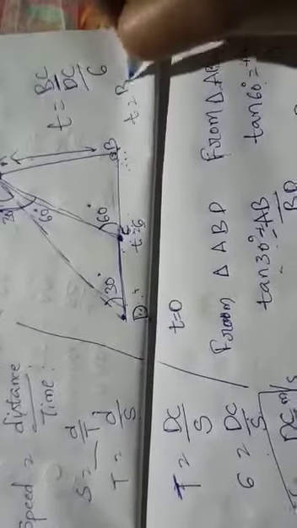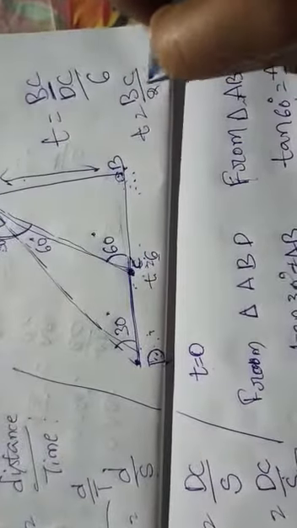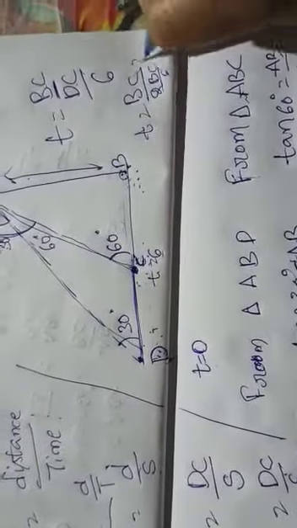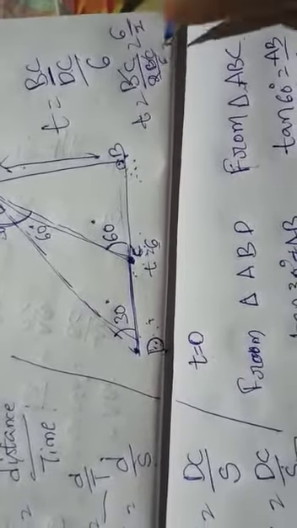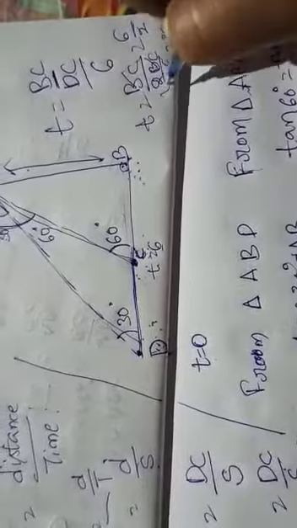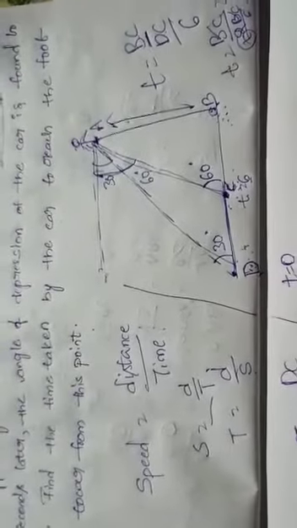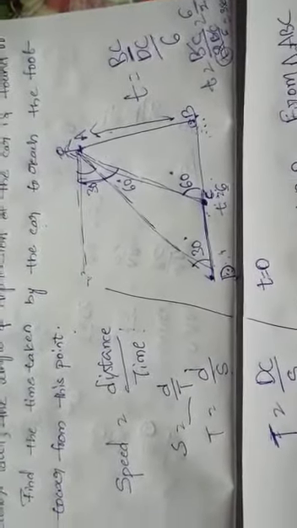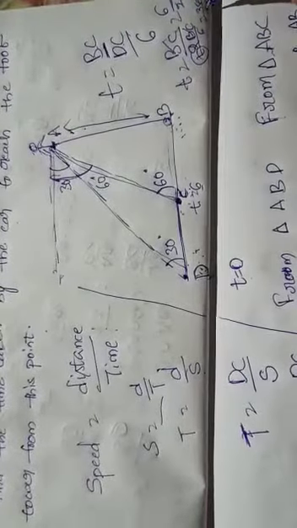We know DC equals 2BC. Is it okay? So 2BC by 6, BC gets cancelled, 6 by 2, 3 seconds. Here time equals 3 seconds. Therefore, the time taken by the car to reach from point C to B is 3 seconds.